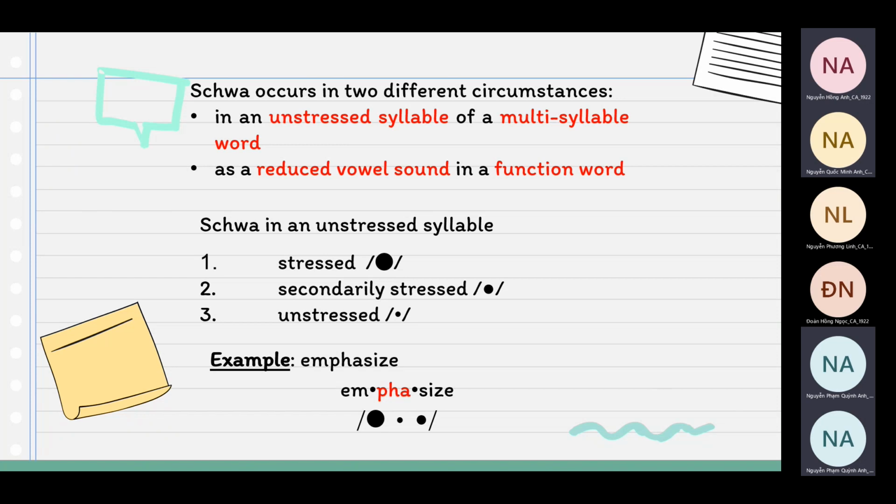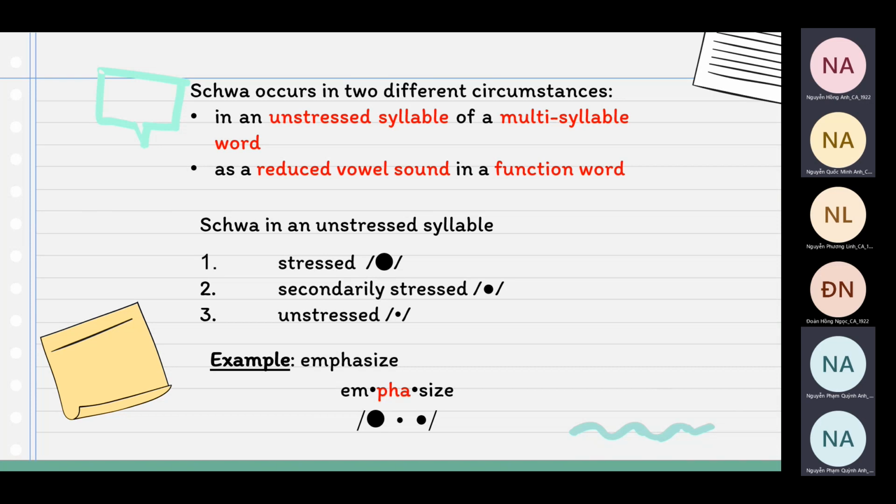Schwa in an unstressed syllable. Every multi-syllable word has a single stressed syllable. The single stressed syllable of the word has the most emphasis. The remainder of the syllables may have a secondary stress or may be unstressed.